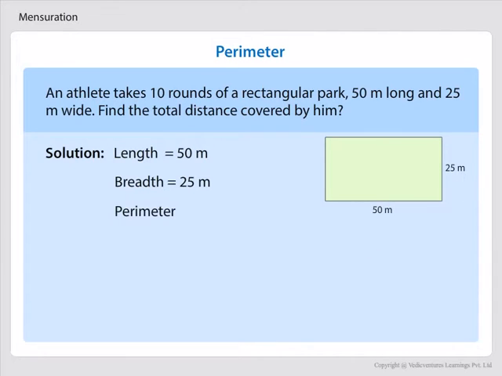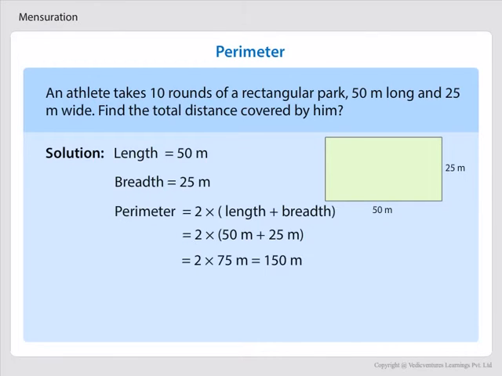So perimeter of rectangular park equals 2 into (length plus breadth) equals 2 into (50 meter plus 25 meter) equals 2 into 75 meter equals 150 meter. So the distance covered by the athlete in 10 rounds is 10 into 150 meters equals 1500 meters.